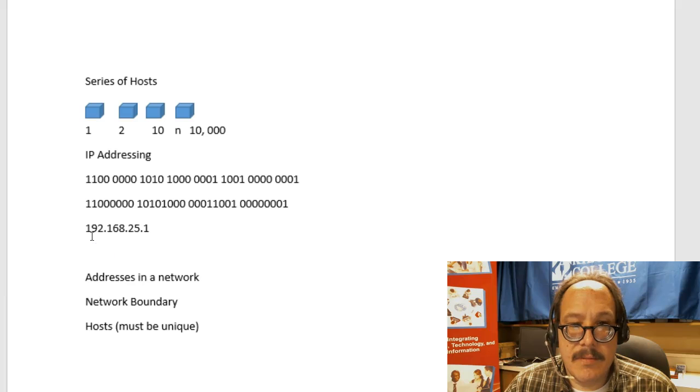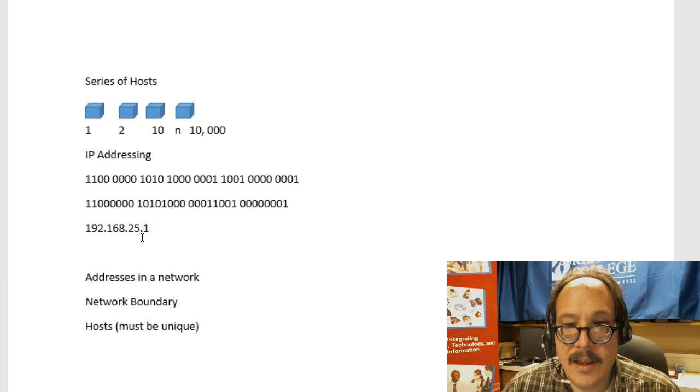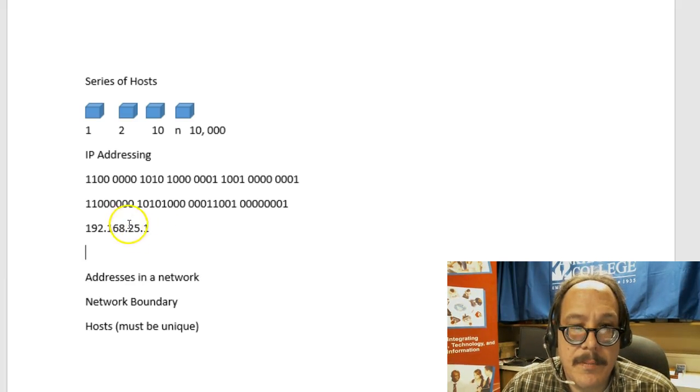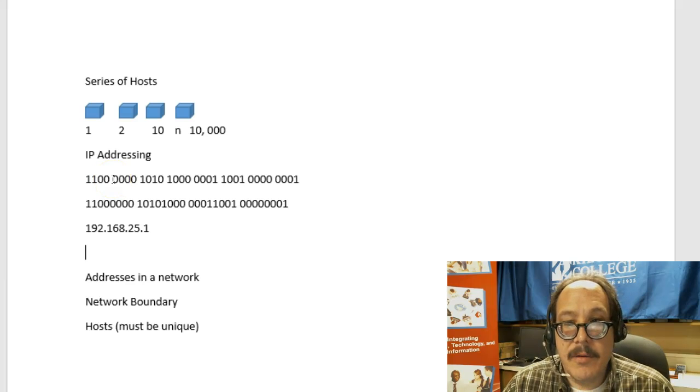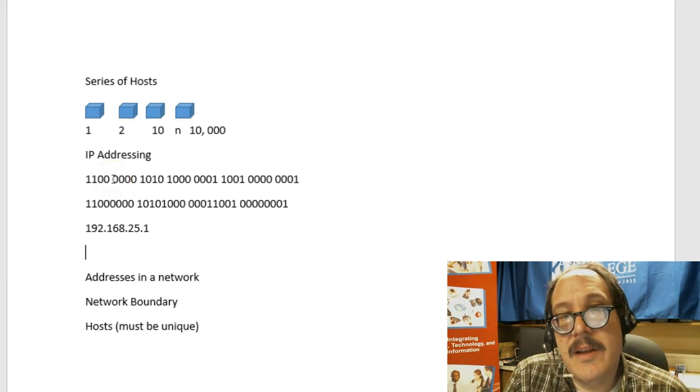Okay, so we have taken an IP address. This is what I would call an IP address. It is just a series of bits that designate an address for a host, because each host on a network has to have a unique IP address.